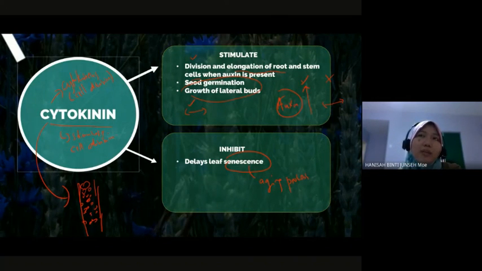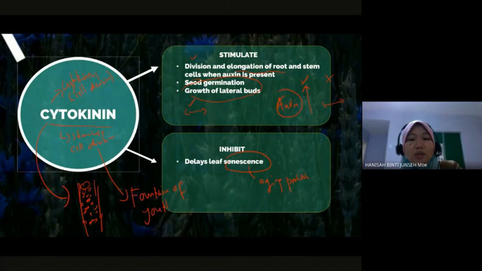Okay, how to remember cytokinin? Just remember fountain of youth, or awet muda. Awet muda or stay young. So cytokinin, the word itself helps you understand. Cytokinins mean cell division.